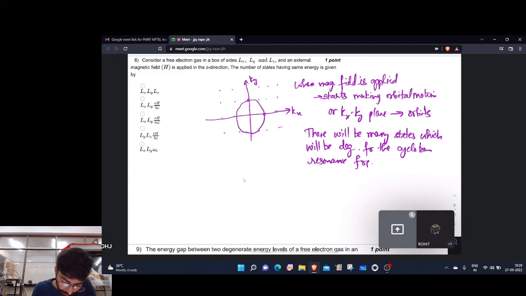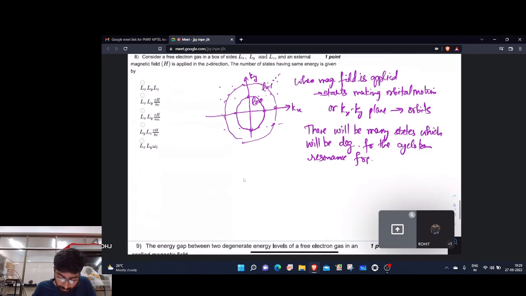There are a few points this orbit touches upon. There are some other orbits nearby, and the number of points that the orbit touches increases. Let's say the first orbit corresponds to L equal to 0, then L equal to 1, 2, 3 and so on. It can be shown that the area between two orbits is given by 2 pi k del k, where k is the radius of the orbit.